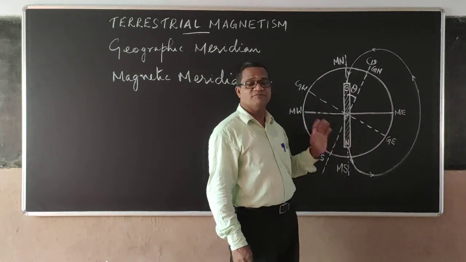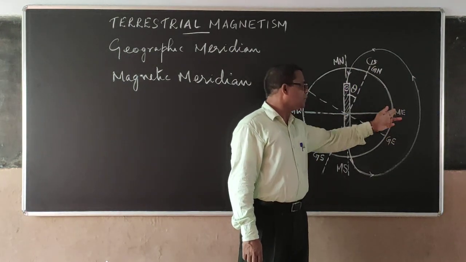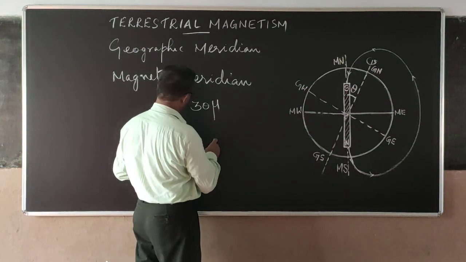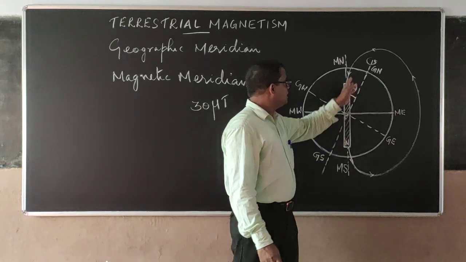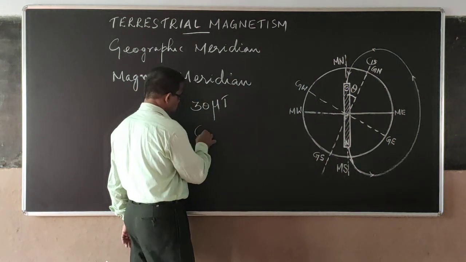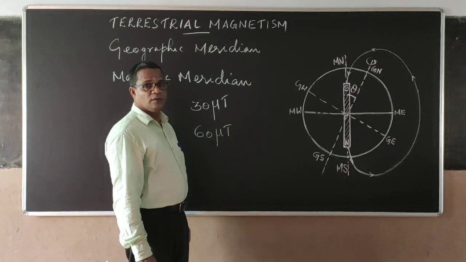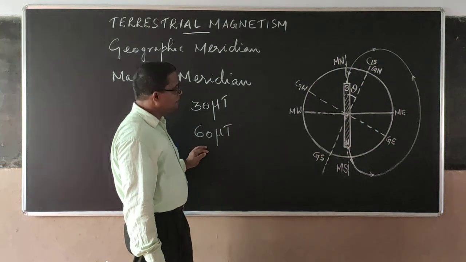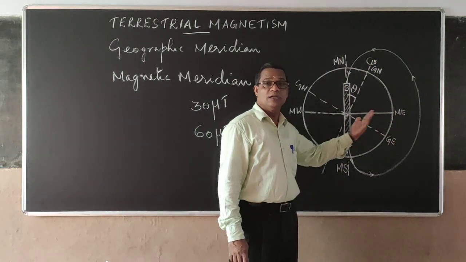Now, based on this, we can find that the magnetic field around the equator is around 30 micro Tesla, and at the poles it is found to be approximately 60 micro Tesla. These values coincide with the theoretical values of the axial field and the equatorial field.